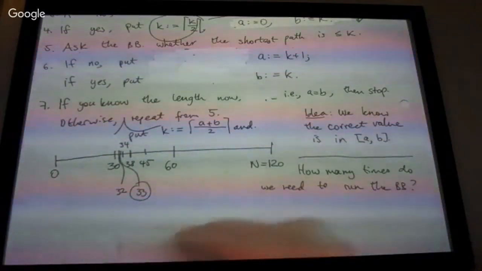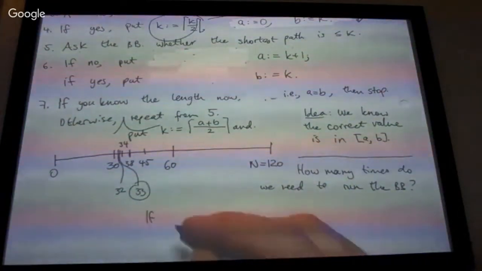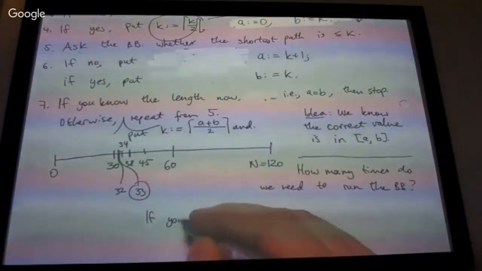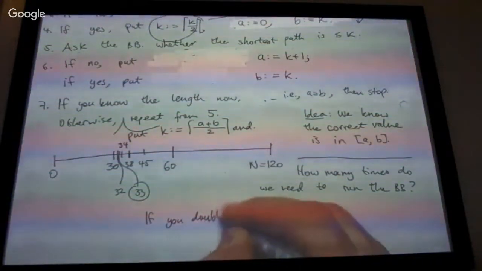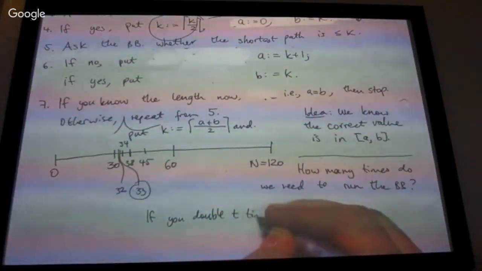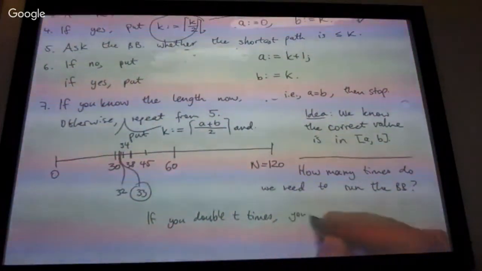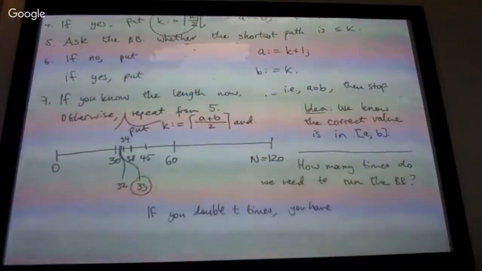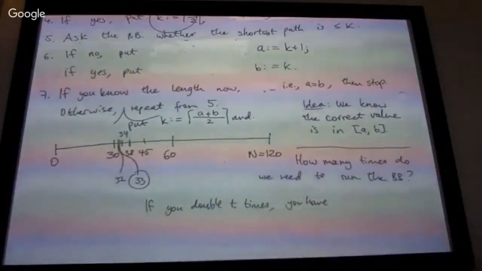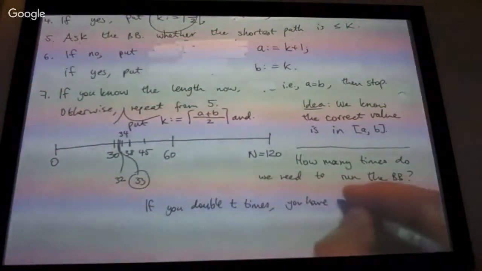If you do it t times, how many different values do you get? 2 to the t.